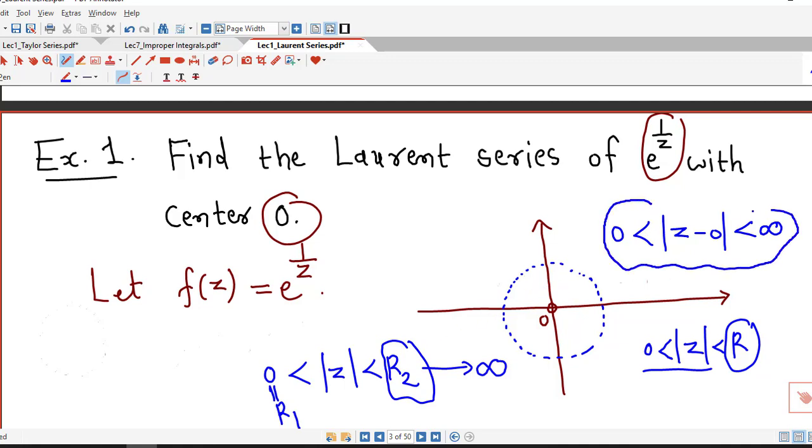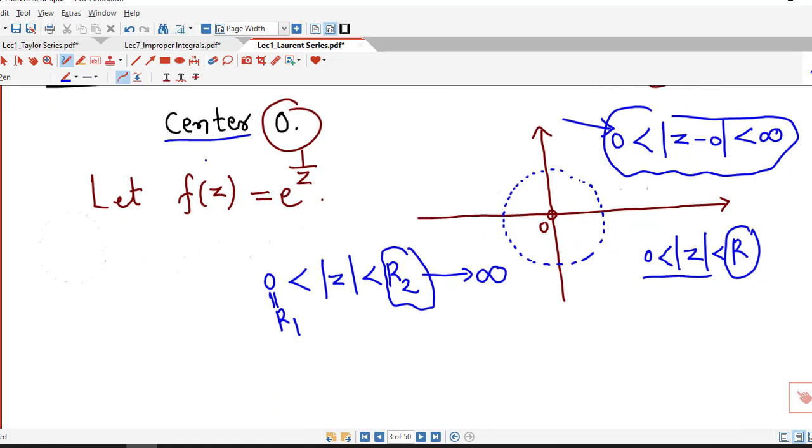So we can represent f of z equal to e raised to 1 by z as a Laurent series in this annular domain, 0 less than absolute value of z minus 0 less than infinity. Here we are considering the center as 0 because we are asked to find the Laurent series of e raised to 1 by z with center z equal to 0.